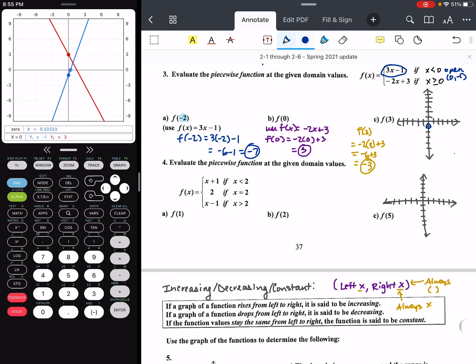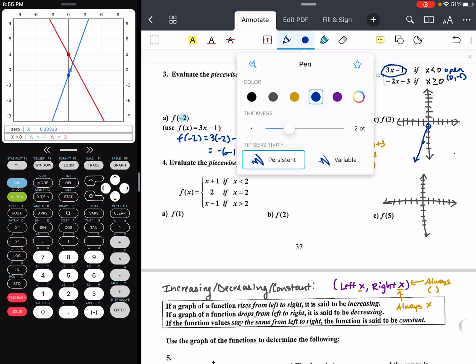And I'm going to go to the left because this is where x is less than 0. So down 1, 2, 3 and to the left 1. So this would be on our line. So that's that blue piece of our line. So it goes up until the point where x equals 0. It's not defined at x equals 0, only defined for x less than 0.